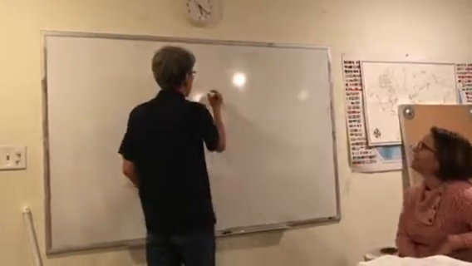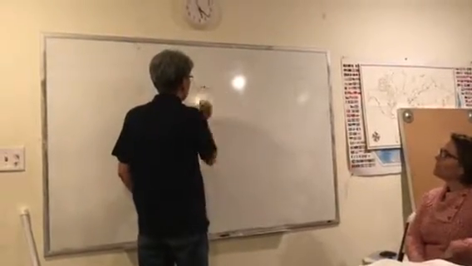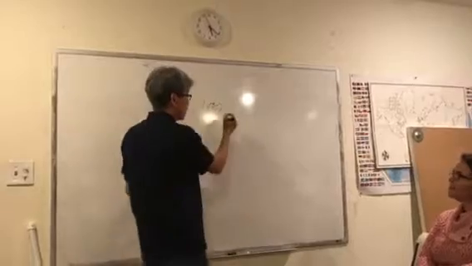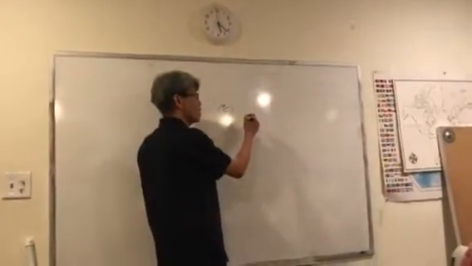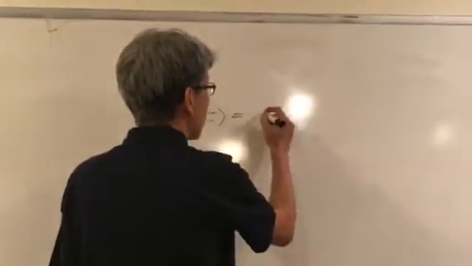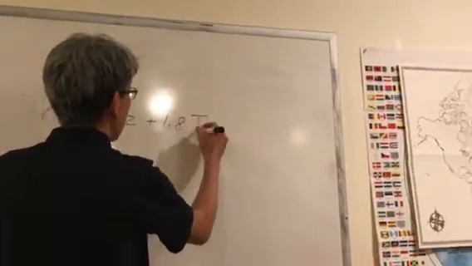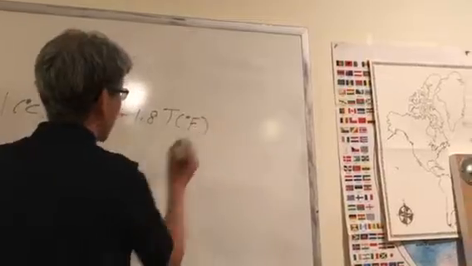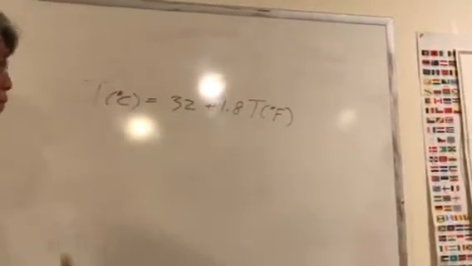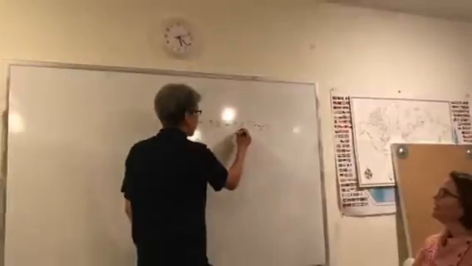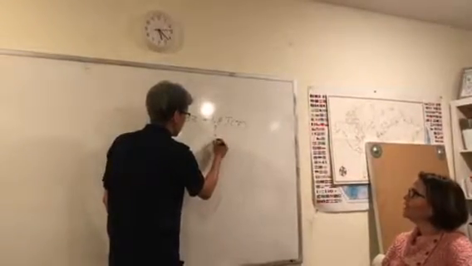So the temperature in Fahrenheit will be 32 plus 1.8 times the temperature in Celsius. But 1.8 could also look like 9/5.